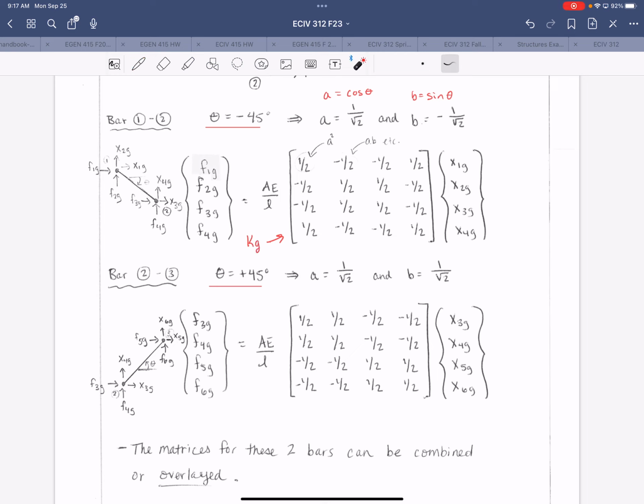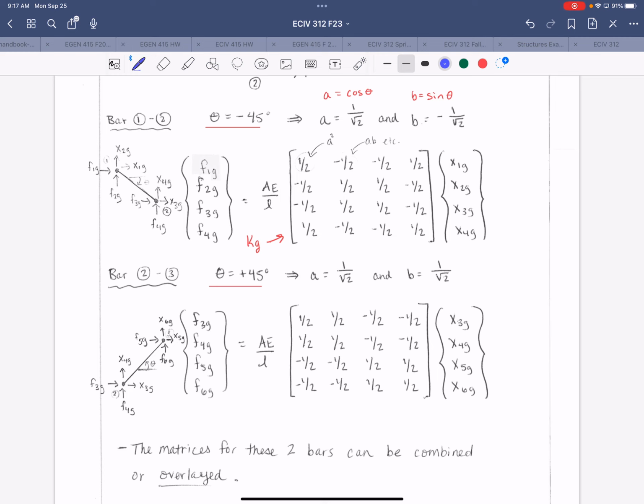I've sketched each element with the proper orientation showing the angle, and sketched on there the degrees of freedom, so that would be your x3g, x4g, and so on, and the forces as well, assuming the positive direction for everything.